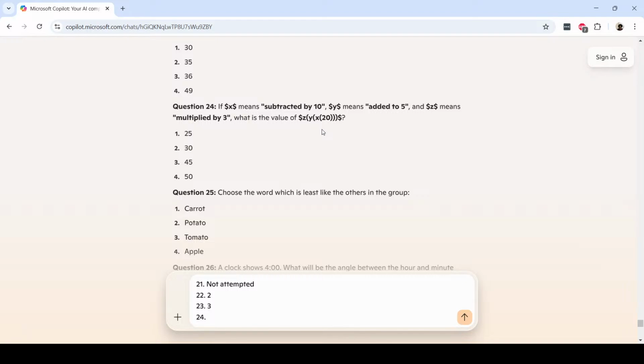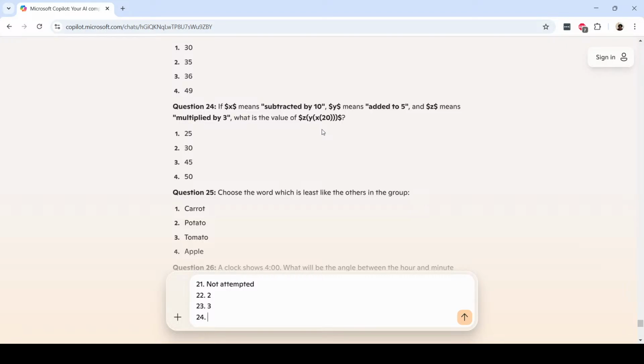Okay, so now we have to solve this. The question's quality is good. So if $z melons multiply by 3, whatever is the result we need to multiply by 3, right?